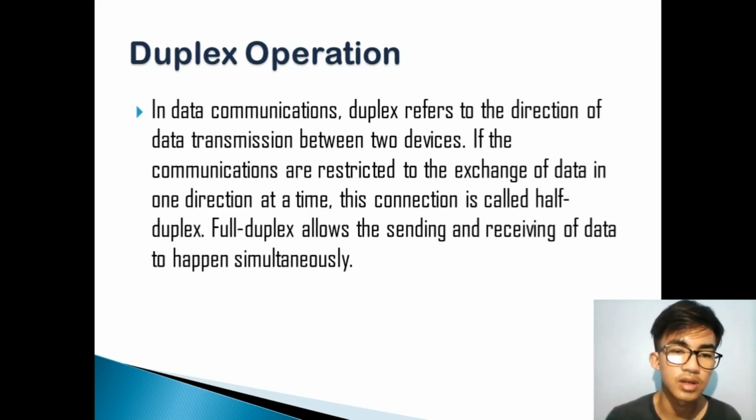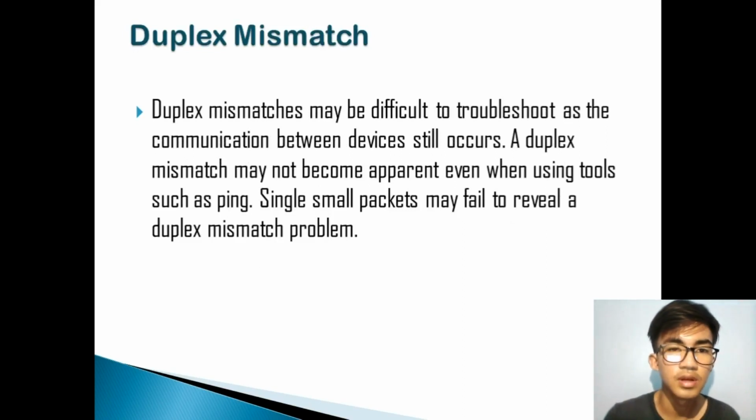So in this duplex operation, we can know the difference between half duplex and full duplex. Duplex mismatch. Duplex mismatches may be difficult to troubleshoot as the communication between devices still occurs. A duplex mismatch may not become apparent even when using tools such as ping. Single small packets may fail to reveal a duplex mismatch problem. So that's the duplex mismatch.